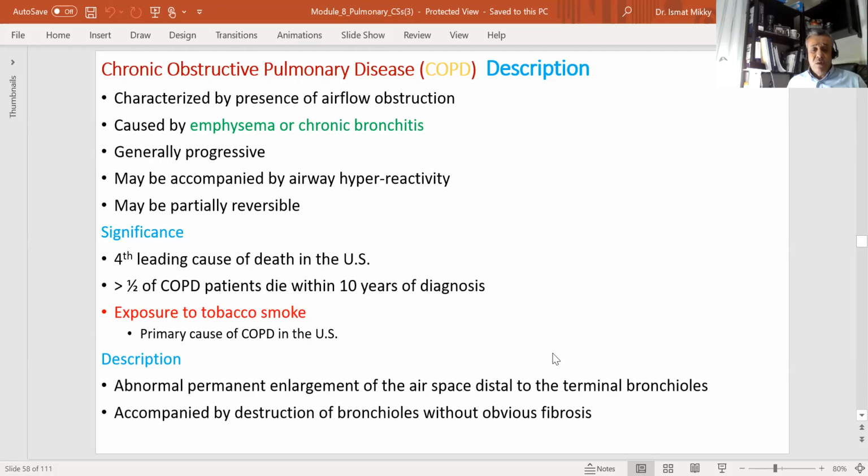But we have to exclude the other causes of chronic cough, for example, heavy smokers, like tobacco smokers, will have that chronic cough.